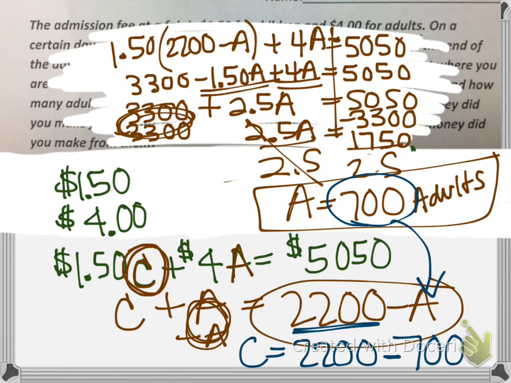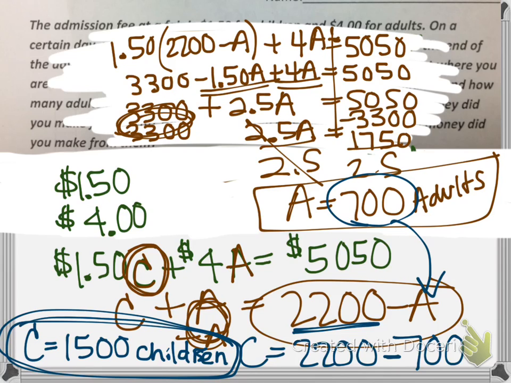So 2,200 minus 700 is 1,500. So the number of children going is 1,500 children. So the fair is getting a lot of kids compared to adults.